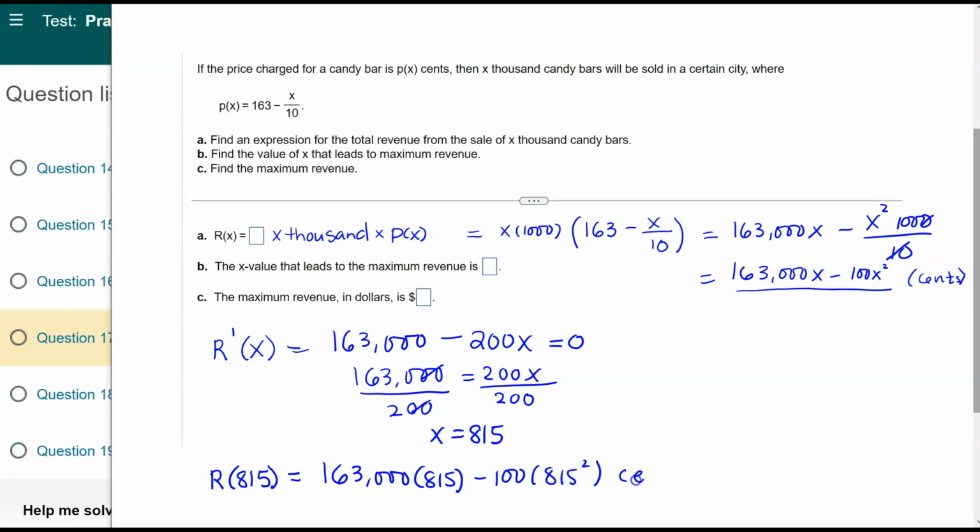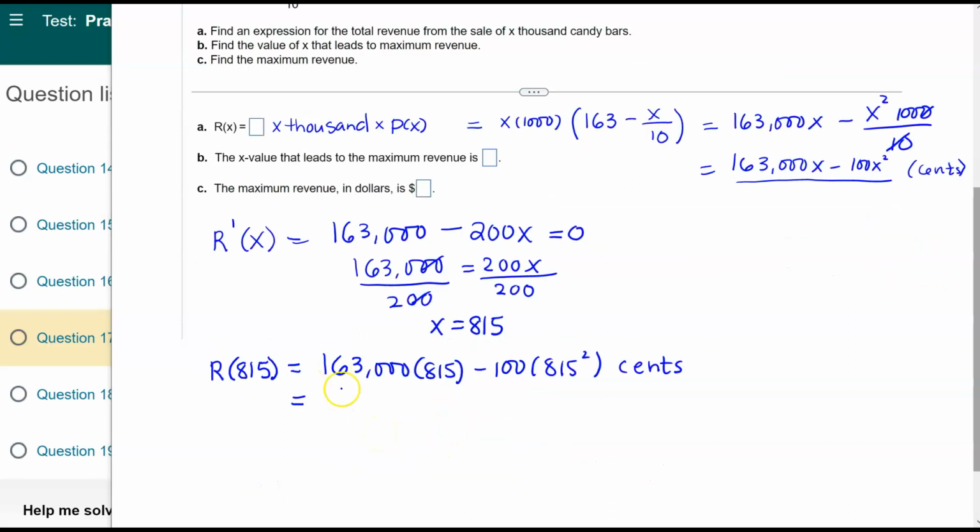So take note, this one is in cents. Now let's plug this into our calculator. Now upon plugging this into our calculator, I got 66,066,422,500. And this is in cents.